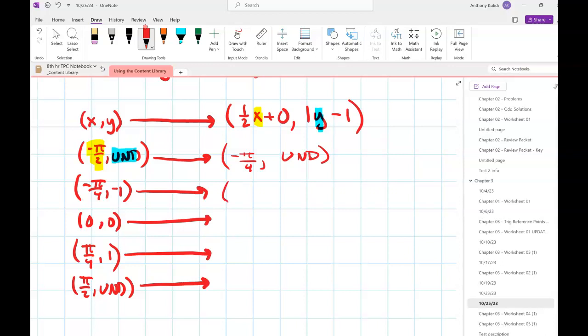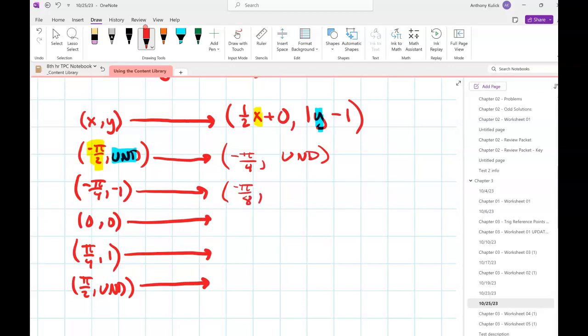Okay. Next one. 1/2 times negative pi over 4 plus 0 is negative pi over 8. Thank you.